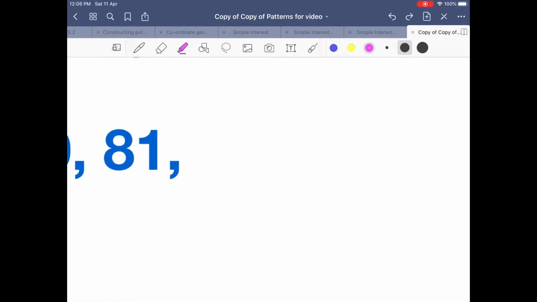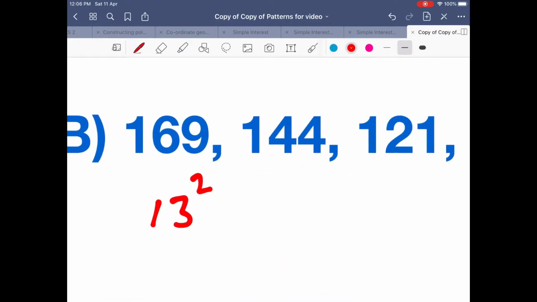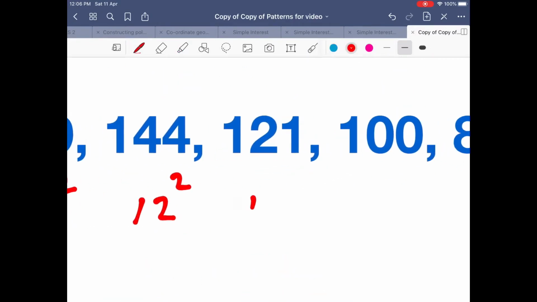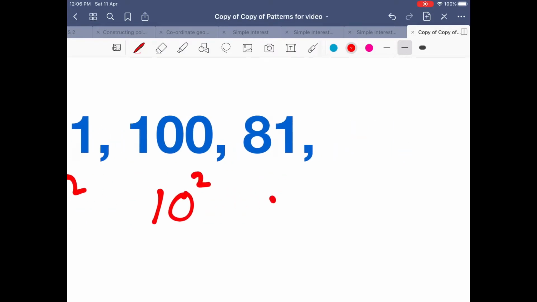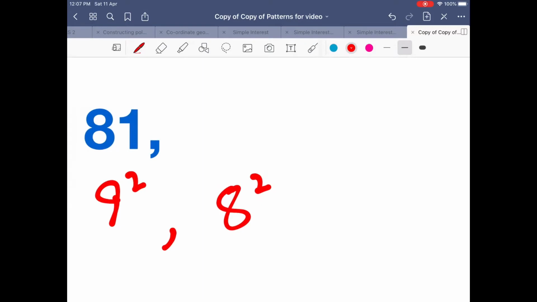So we know the next number would be 8 squared, which is equal to 64.